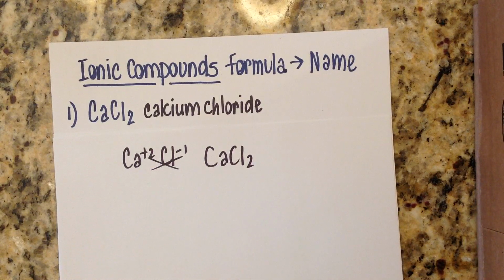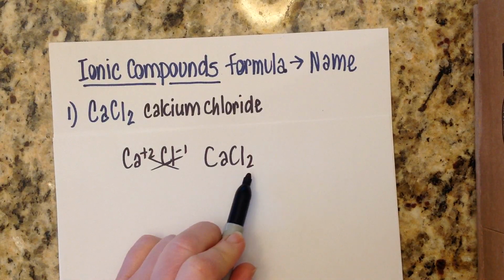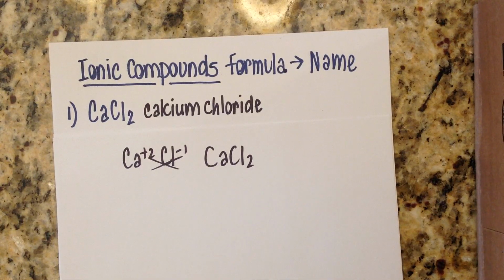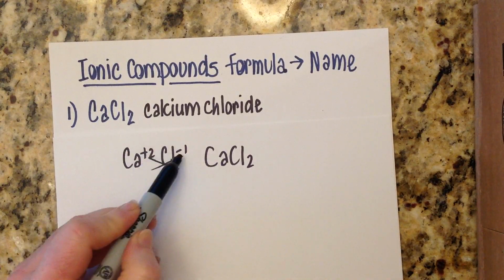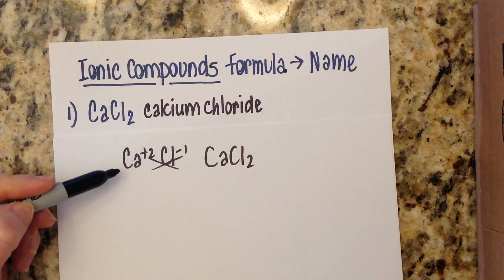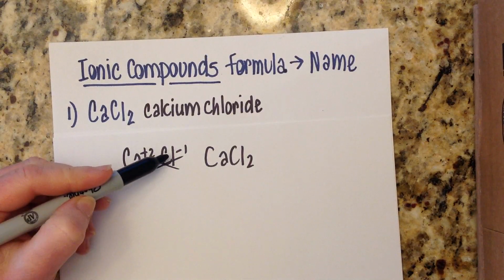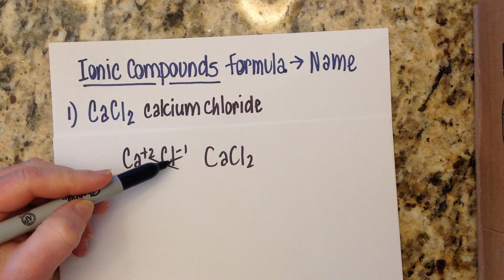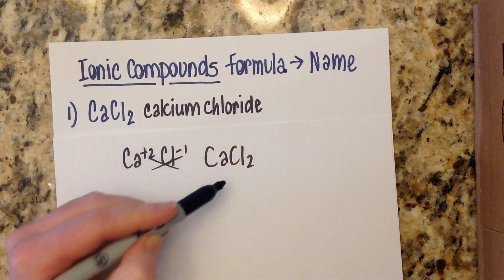That is the only way we can write this. You're not going to see Ca2Cl3, Ca4Cl10. This formula and these subscripts are completely dictated by what you had up here. Calcium always has a +2 charge. Chlorine always has a -1 charge. So when you crisscross these, that's it.